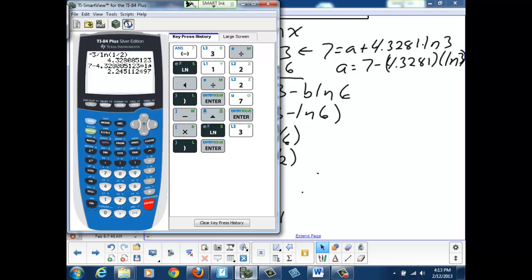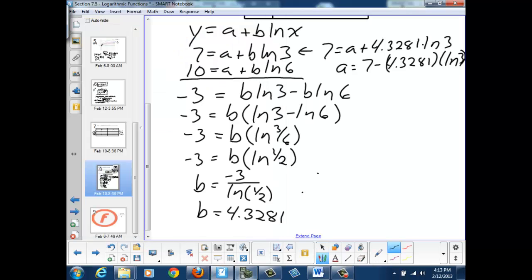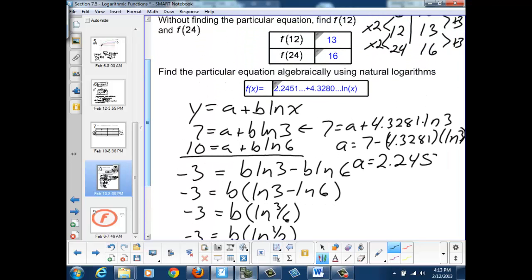And that turns out to be 2.245. So a is equal to 2.245. And if we're going to check that, let's see what we've got here. Yes, f of x is 2.245 plus 4.3281 ln of x. Success.